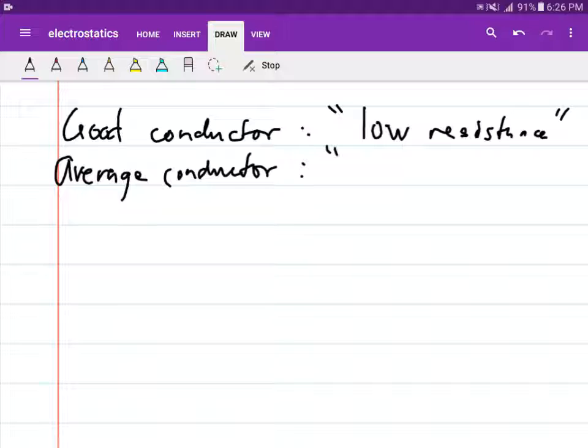When we say something is an average or poor conductor, it has high resistance.